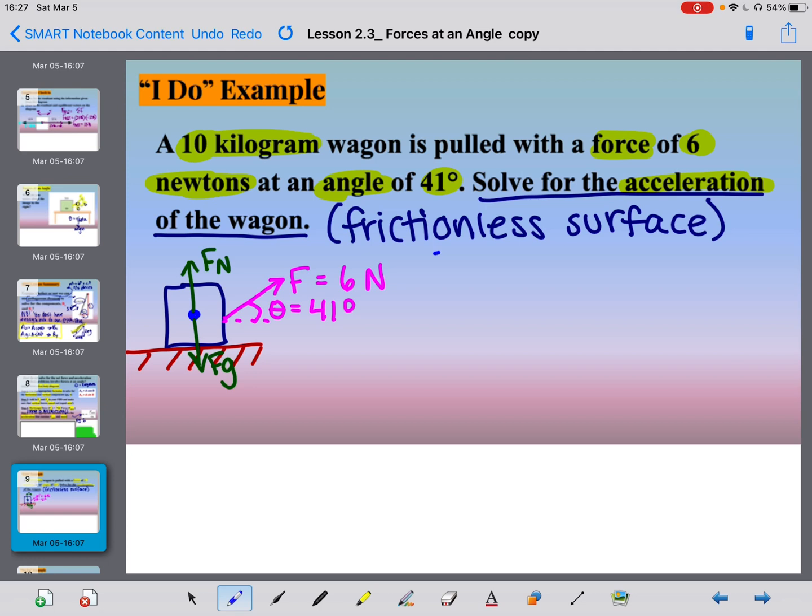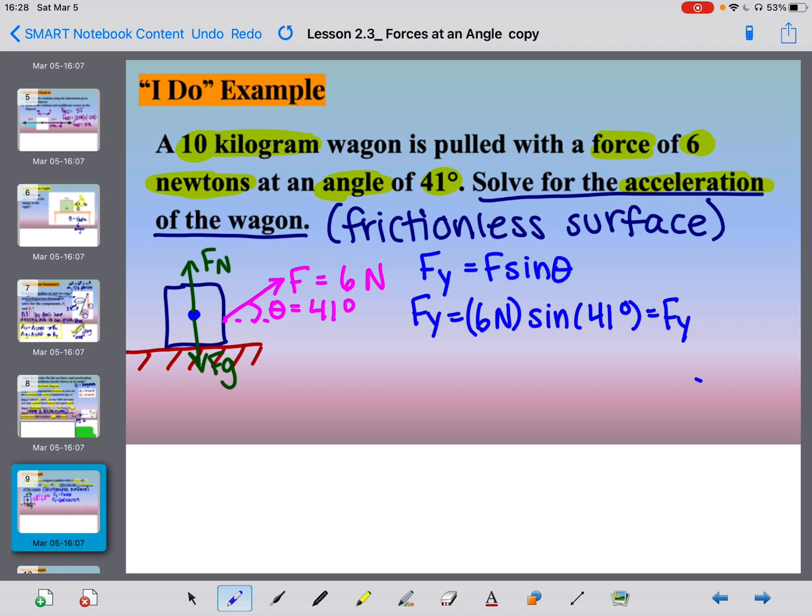So we're going to find the vertical component. Fy equals F sine theta. Fy equals 6 newtons sine of 41 degrees. So Fy is equal to 3.94 newtons.